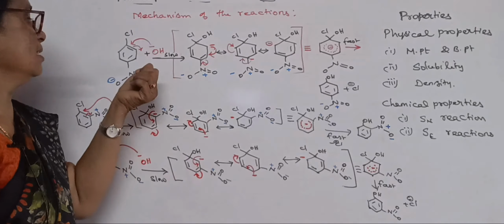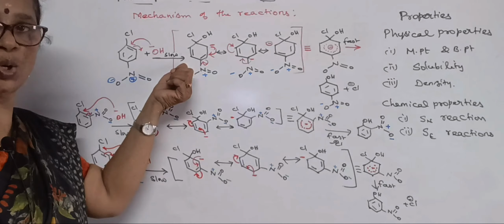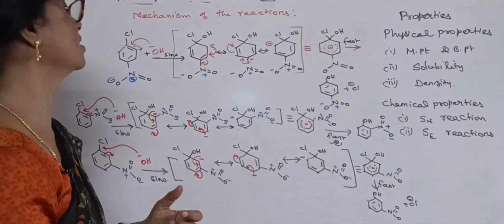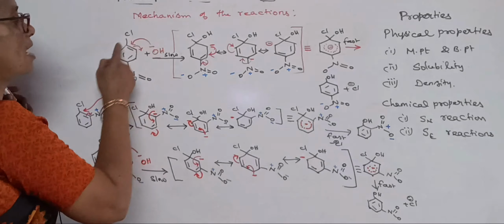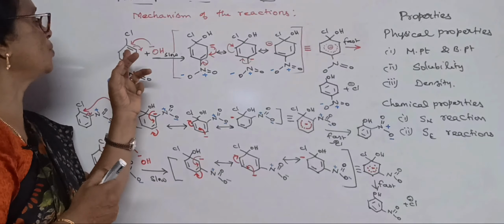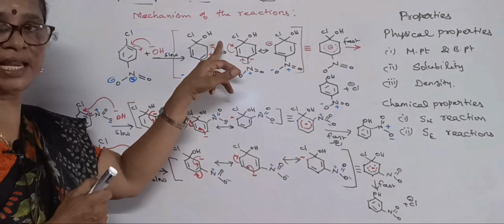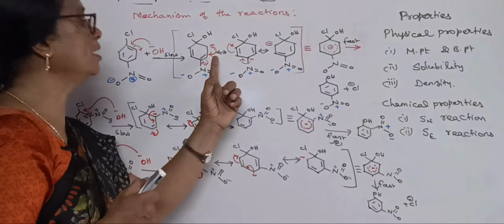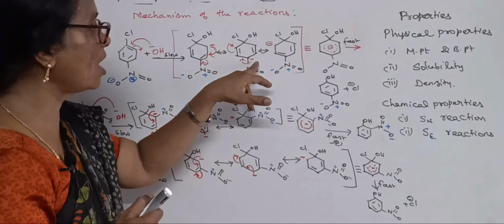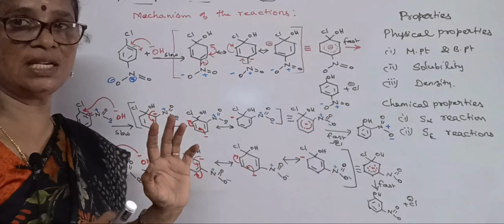Then the reaction proceeds slowly, where the molecule is further stabilized by resonance. As OH attacks the first carbon, the valency goes to five, so the first pi bond moves to the second position. Then the pi bond gets delocalized over the ring at positions 4 and 6.